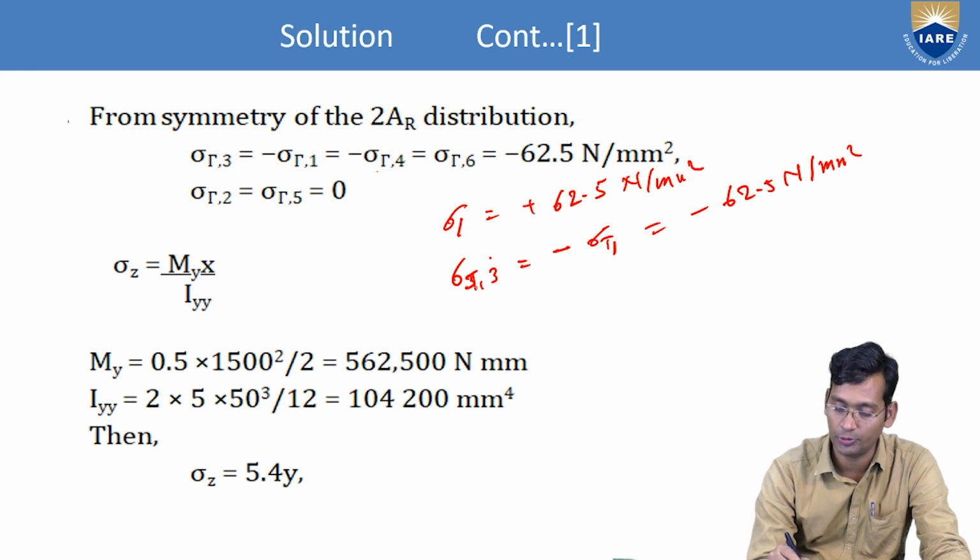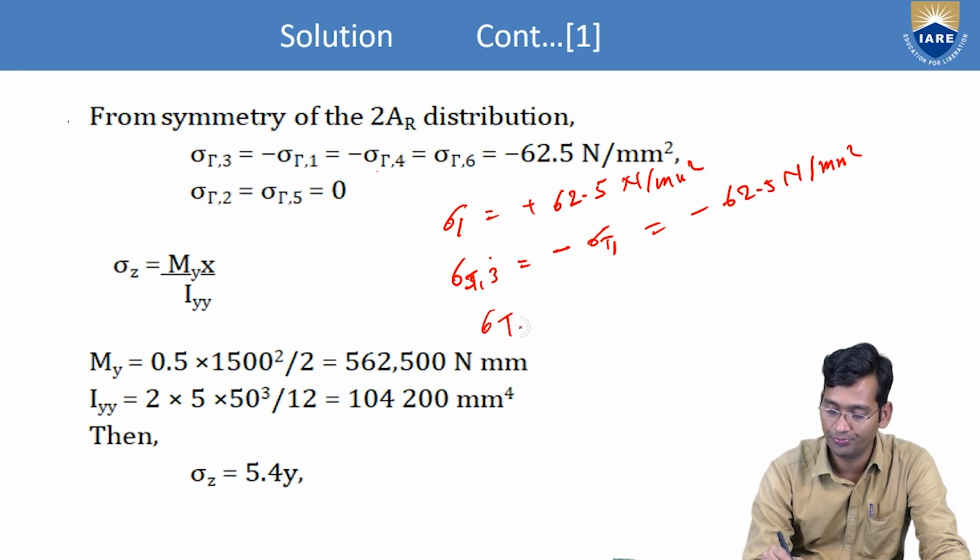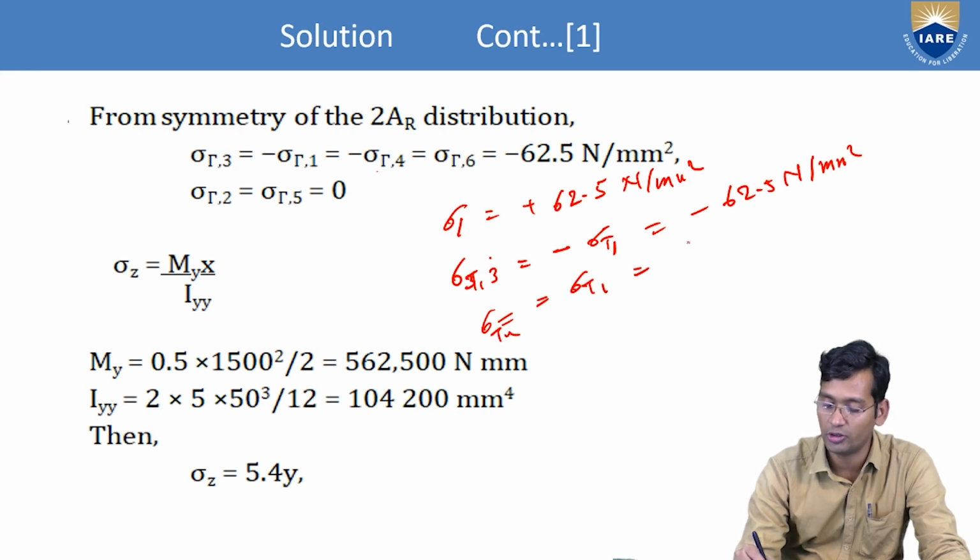Now sigma tau 4 is equal to sigma tau 1, so that is 62.5 Newton per mm square.